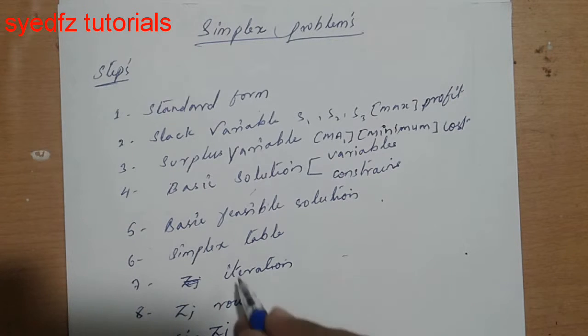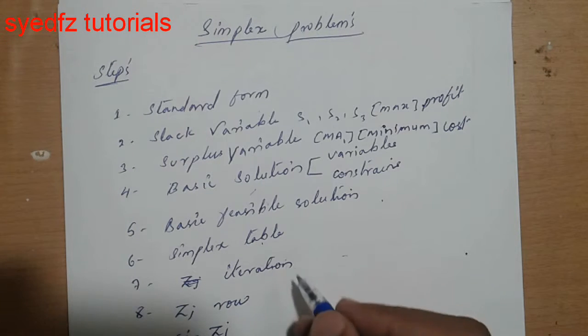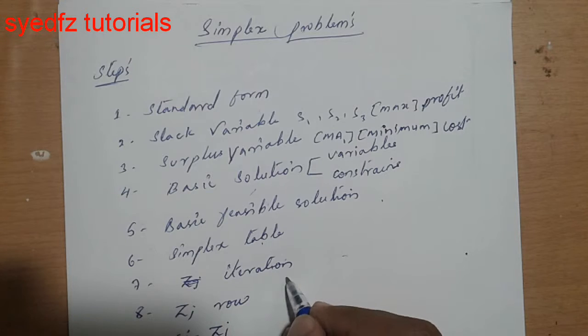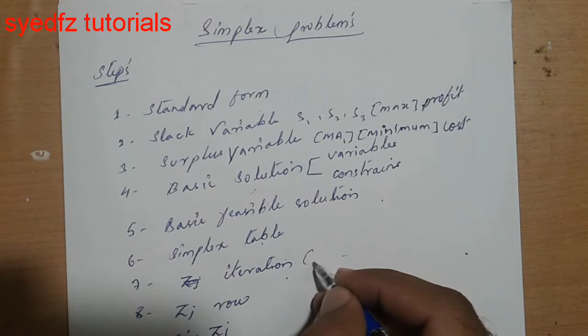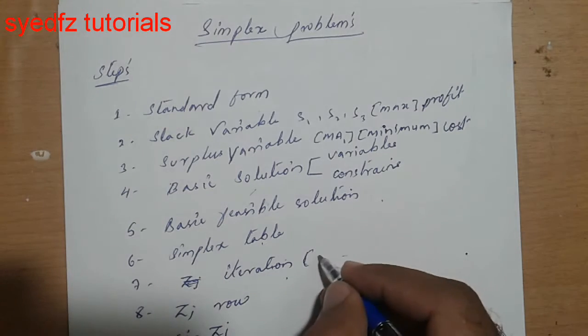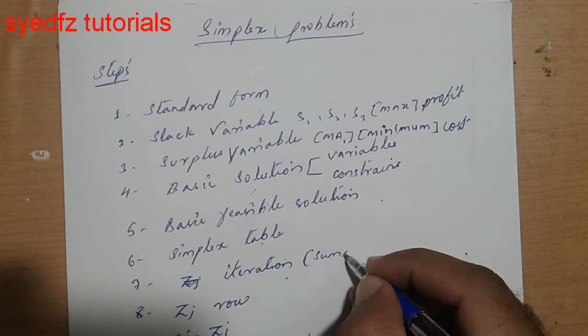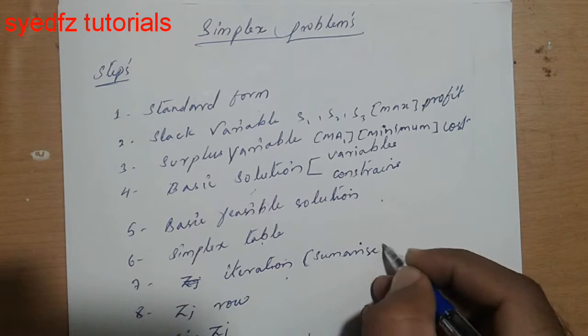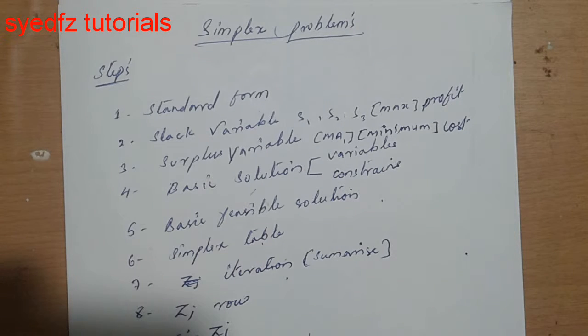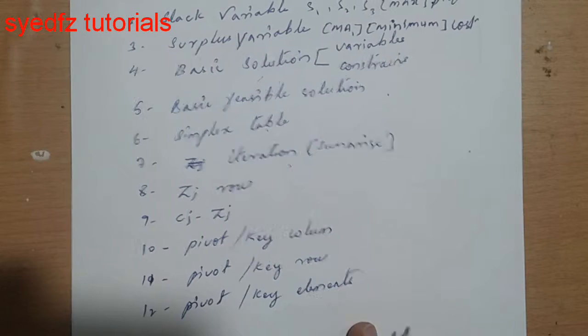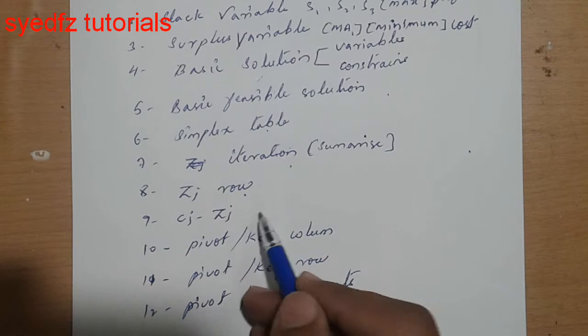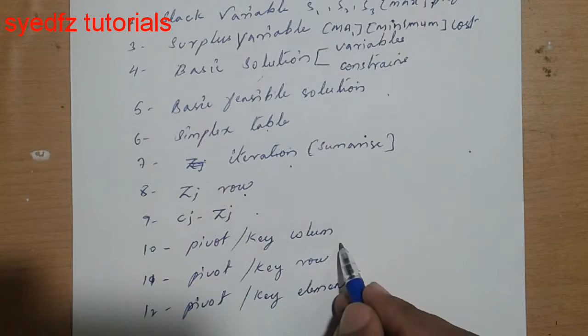Then draw a simplex table. Then iteration means analyzing or summarizing the points. Then calculate the zj row, then cj minus zj, then the pivot column.